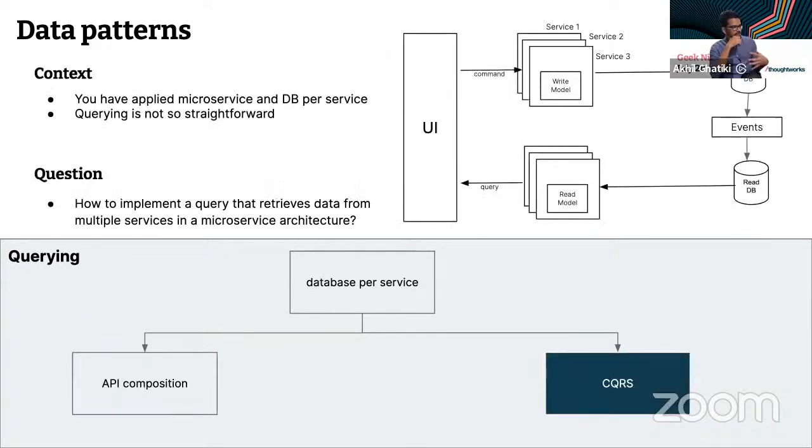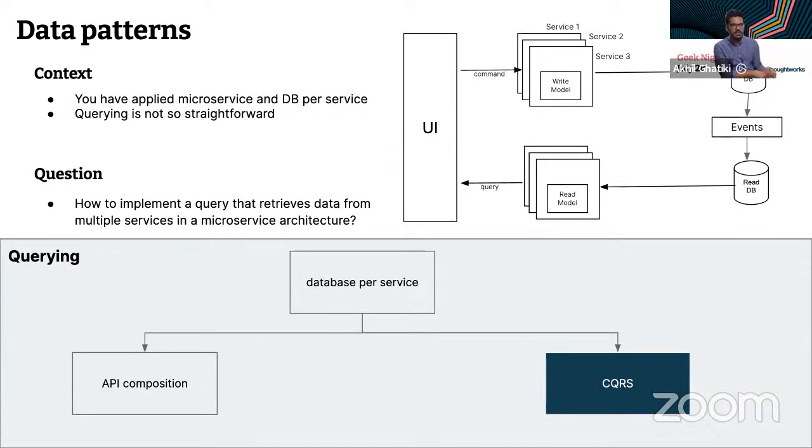The next pattern that we would see is the CQRS pattern, where in the same context you have microservices with DB per service, and your querying is not quite straightforward. The question is, how do you implement a query that retrieves data from multiple services in a microservice architecture? Now, what CQRS is doing here is that the model that you write is different from the model that you read.